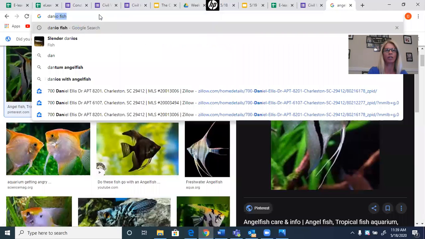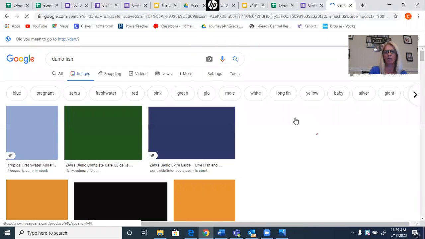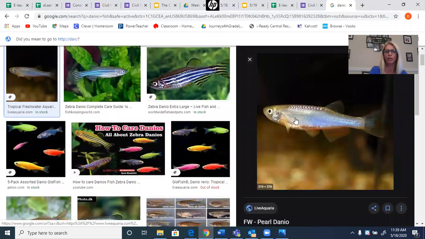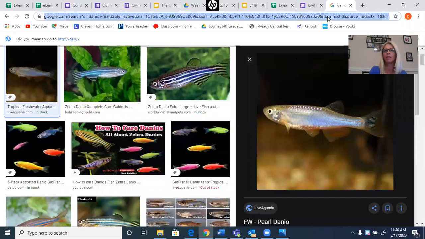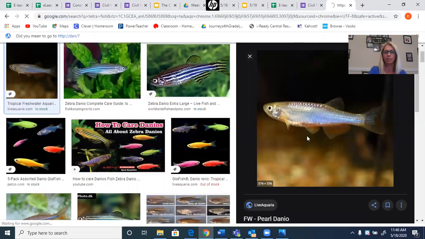The danio fish, you can see, are smaller fish and they're slender. So they're skinnier, but you can see that they're smaller than the angelfish. And some of them are even like glowfish. And then the tetrafish looks like this.